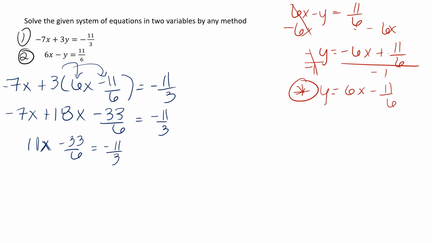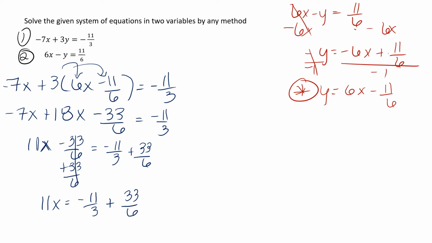From here, I'm going to move my negative 33 over 6 onto the other side. So how to do that? I'm going to add it. I'm going to add 33 over 6 right here, and I'm going to add it over here. So now I get 11x equals negative 11 over 3 plus 33 over 6.